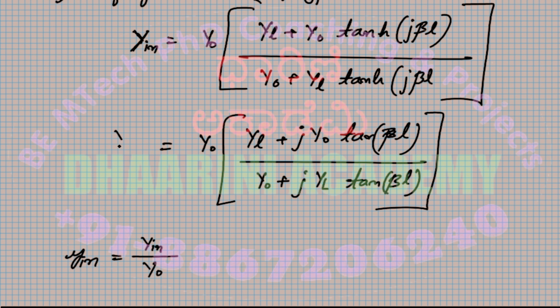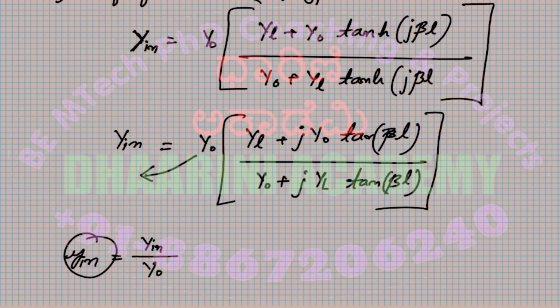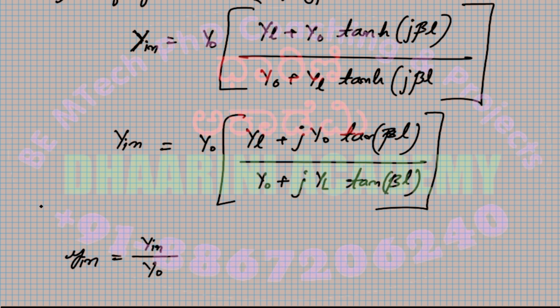So on this side I have Y in. So I move this to this side. So I get on the left hand side the normalized. This small letter y is the normalized. So normalizing, that is equal to, on the right hand side, I need to divide both the numerator and denominator by Y naught.